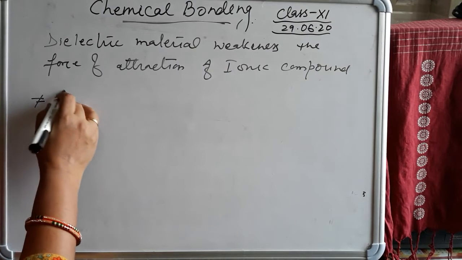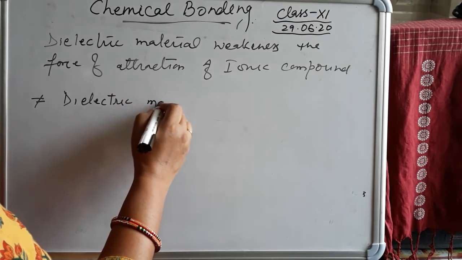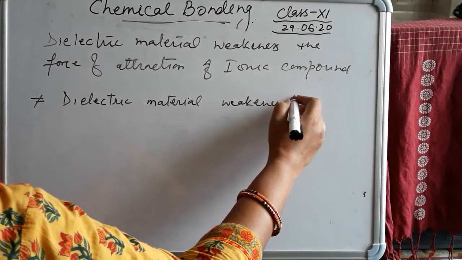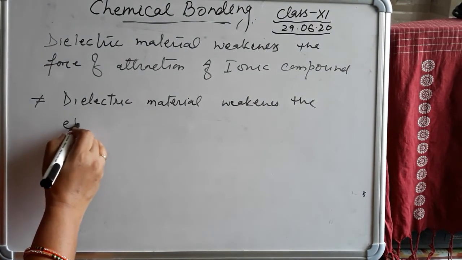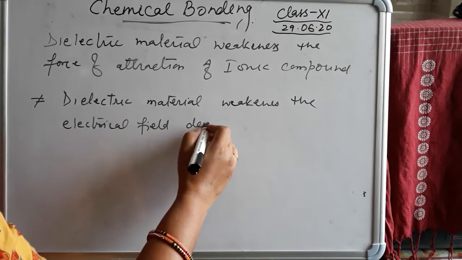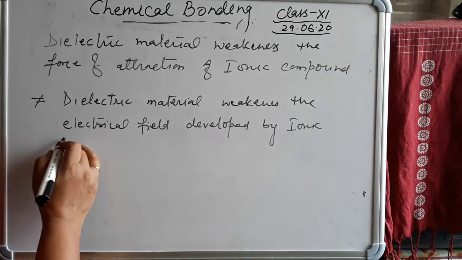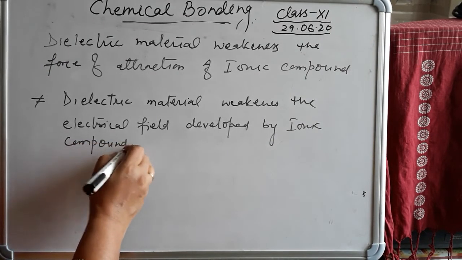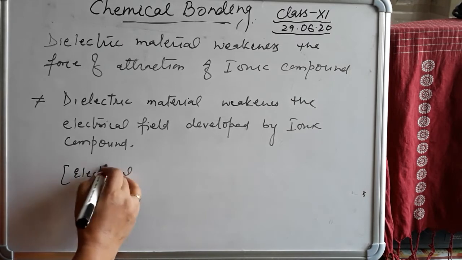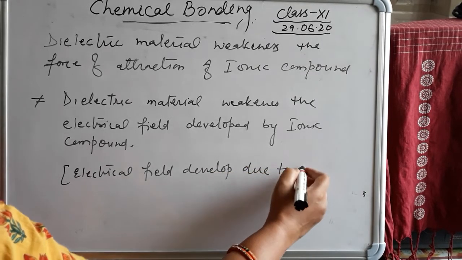Or we can write it in another way: a dielectric material weakens the electrical field developed by the ionic compound, and the electrical field is developed due to the force of attraction.